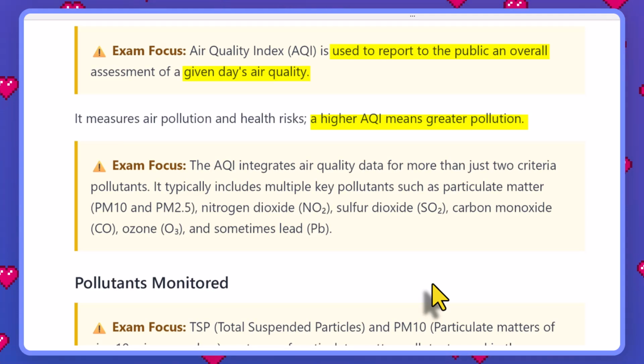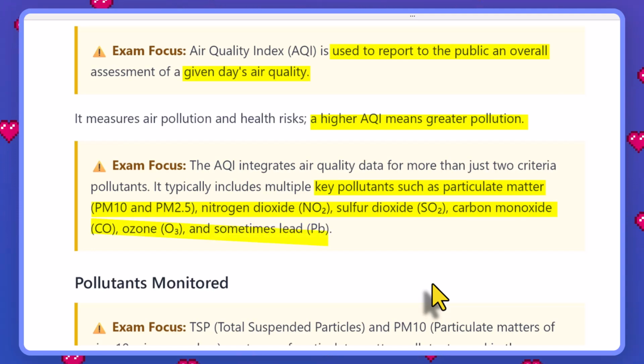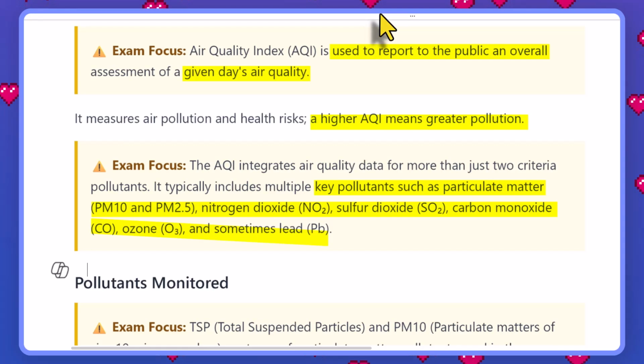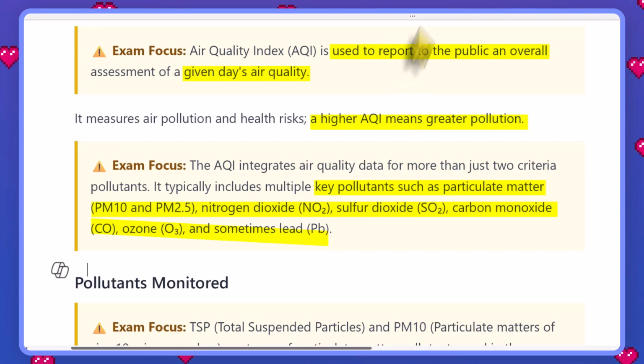The AQI does not depend on just one pollutant. Instead, it integrates air quality data from multiple criteria pollutants. These commonly include particulate matter such as PM10 and PM2.5, nitrogen dioxide, sulfur dioxide, carbon monoxide, ozone, and in some cases lead, a comprehensive list that examiners frequently test.